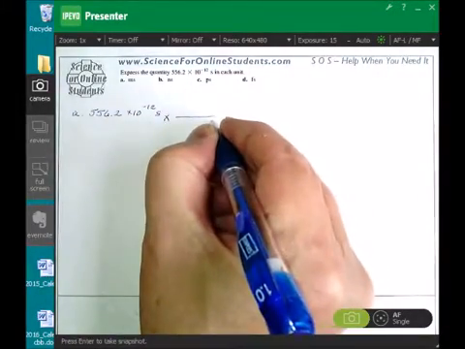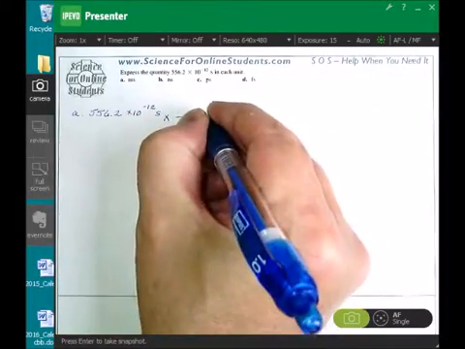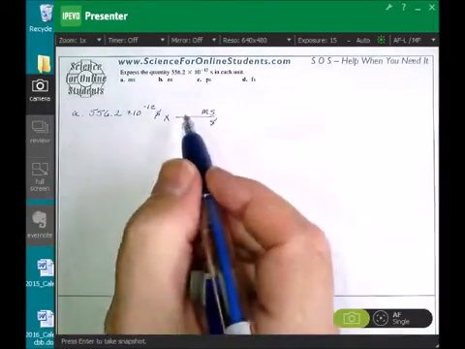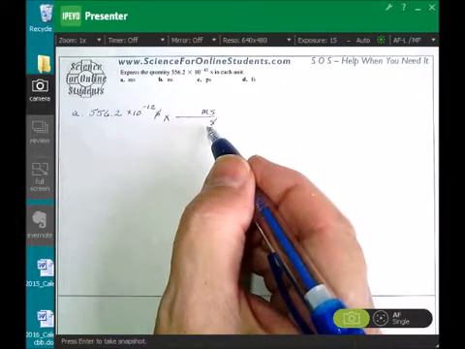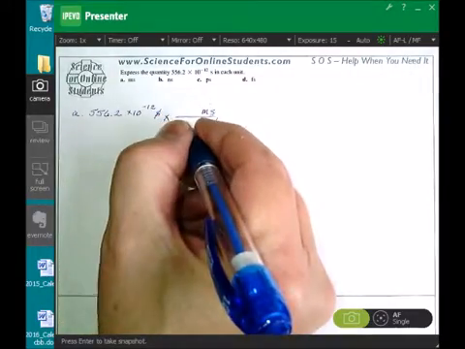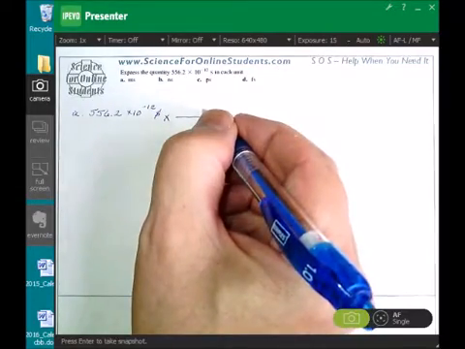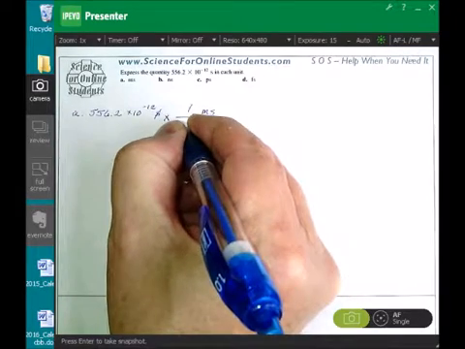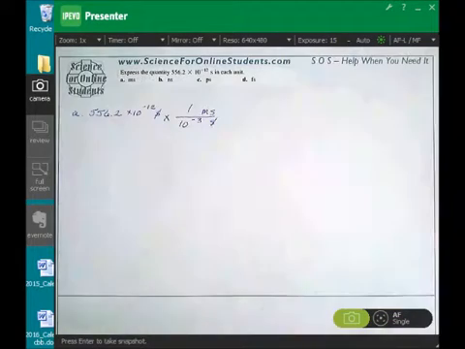And we're getting rid of seconds, so seconds will go on the bottom. And milliseconds goes on the top because that's what we're going to. Seconds will cancel. Now, what are the numbers that go in here? How many milliseconds are in 1 second? So we could say 1 second is 1,000 milliseconds, or we can say 1 millisecond is 10 to the minus 3 seconds. Usually I do it the other way, but this one we'll do this way.